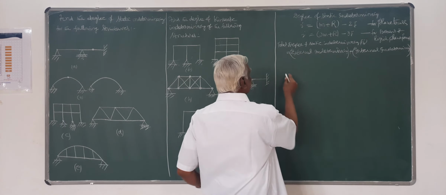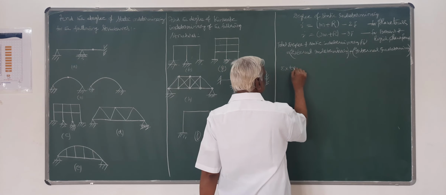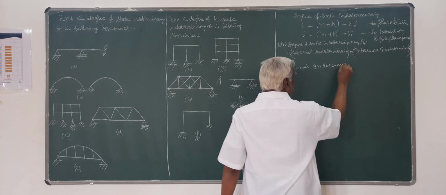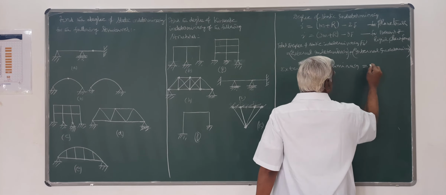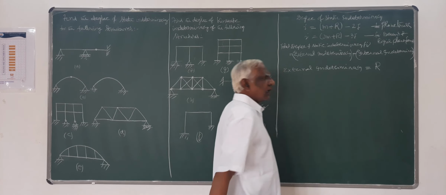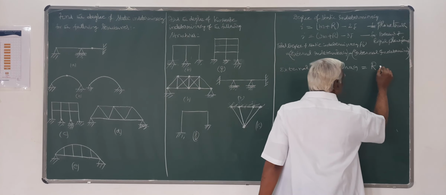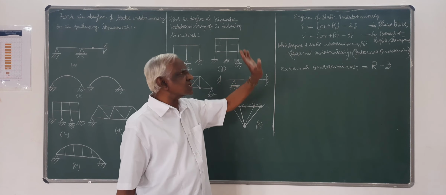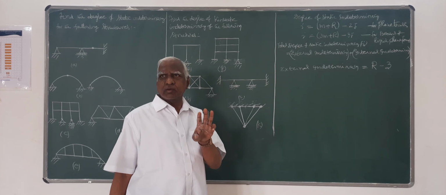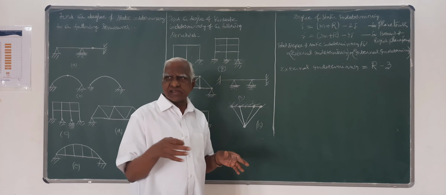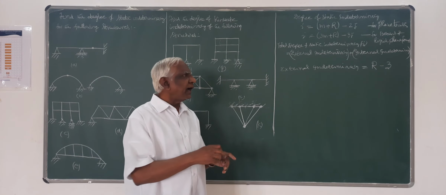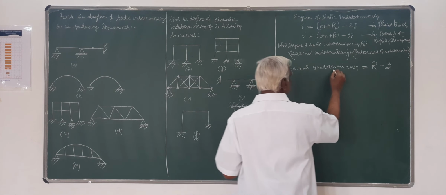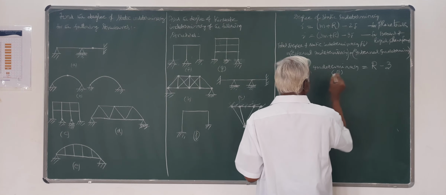So this degree of external indeterminacy is nothing but the total number of external unknown support reactions minus 3 equations of equilibrium, because for planar structures only 3 equations of equilibrium we have: sigma Fx = 0, sigma Fy = 0 and sigma Mz = 0. This is the degree of external indeterminacy.